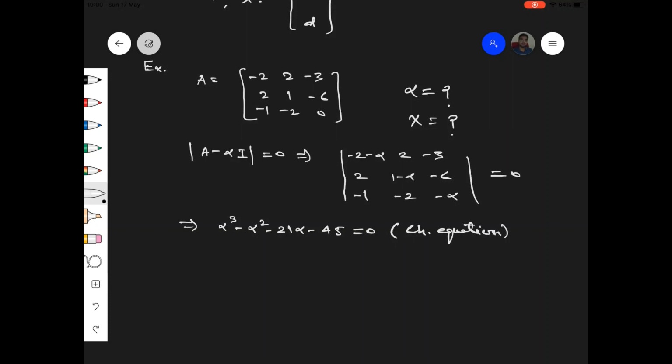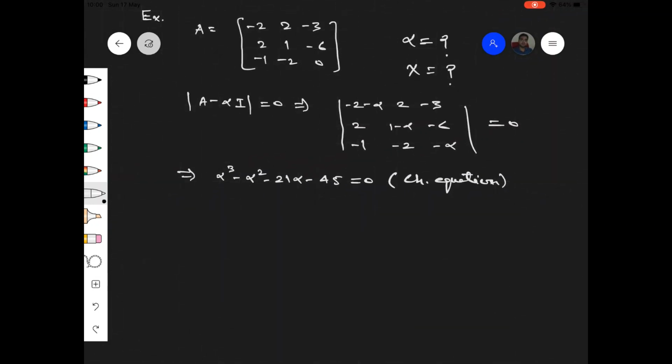It's a cubic equation and we can factorize it and have the roots of this equation, and once you factorize it, it comes out to be (alpha minus 5) into (alpha plus 3) whole squared equals 0.